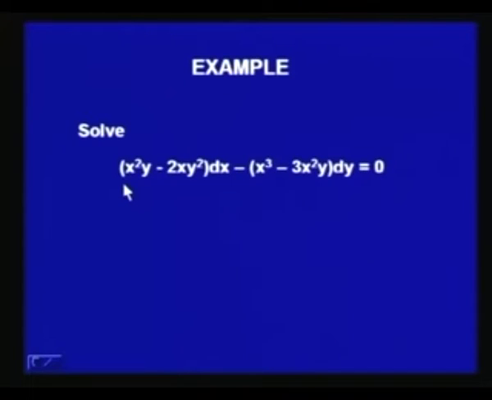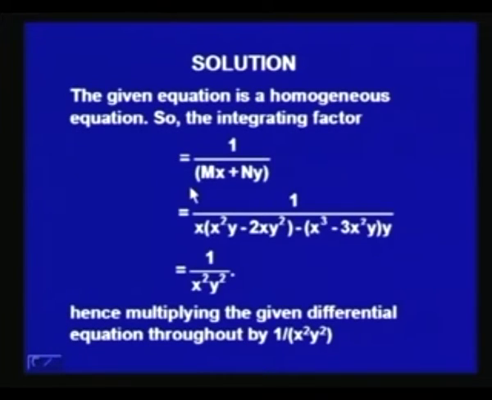Here we shall find an integrating factor for this differential equation, that is 1 over mx plus ny, and then we will multiply this differential equation by 1 over mx plus ny and make it an exact differential equation, and from there we shall find the general solution of this differential equation. So let us see this equation.